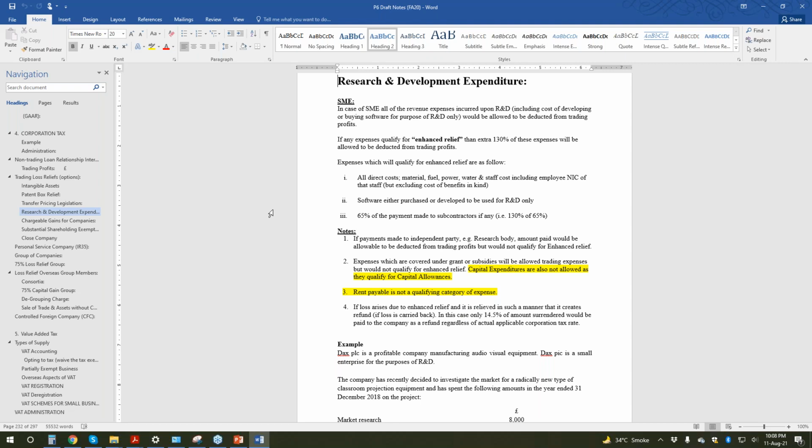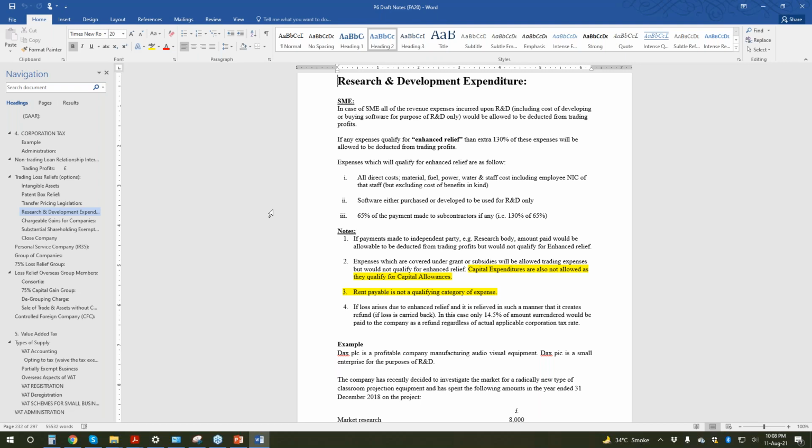The definition of qualifying expenditure is any expense that has been solely, wholly and exclusively incurred for research and development. If the expense is incurred exclusively for that, it is allowed the extra deduction, except if you have subcontracted any of the service to any of the subcontractors. If you have, it will still be applicable for R&D expenditure relief.